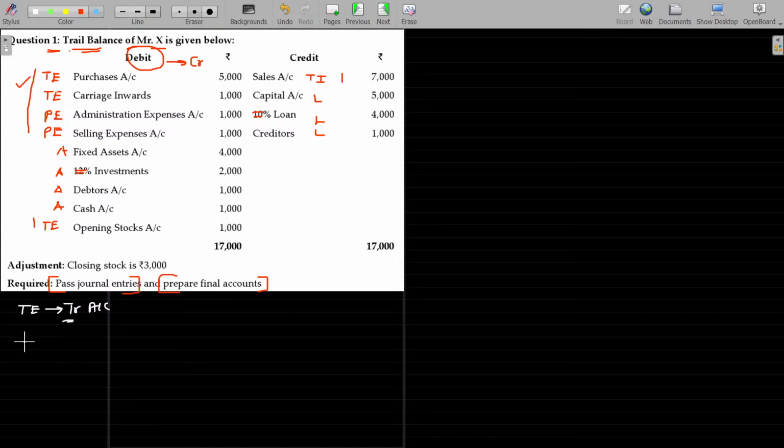So trading account should be debited. To what? Purchases, to carriage in, to opening stock.